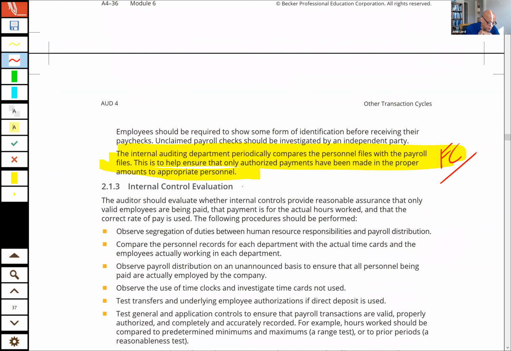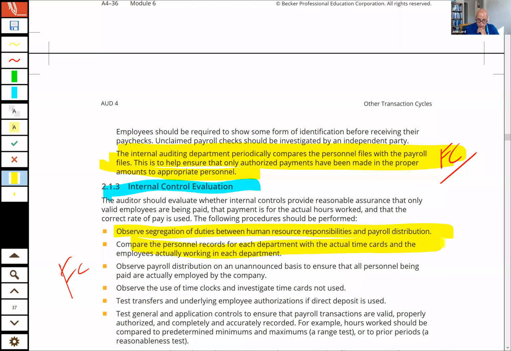Okay, all right, good. Let's take a look at some of the internal control steps that the auditor will do. Let's flashcard these. Again, we're worried about fictitious employees. So observe segregation of duty between human resources and payroll. Compare the personnel records for each department with the actual time cards.